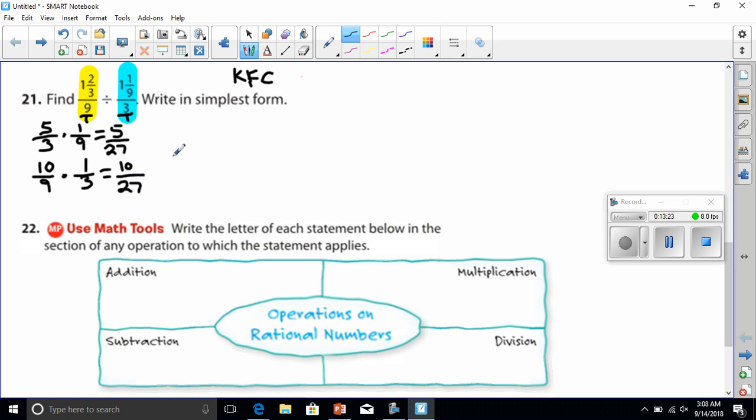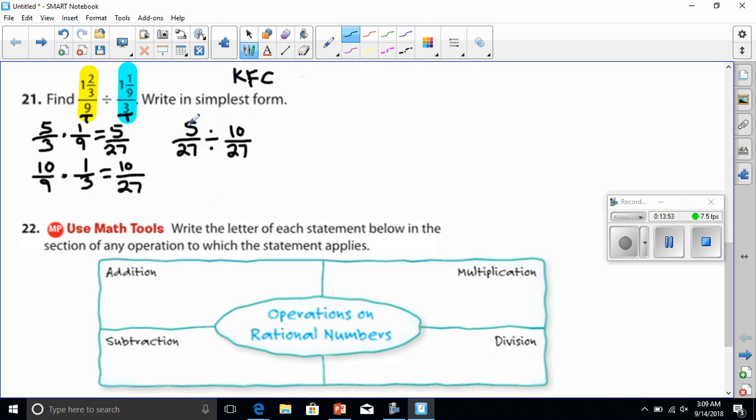All right, here we go. We have our new problem. Because our division sign is there, our new problem is 5 over 27 divided by 10 over 27. And look at that. We've got another division problem, don't we? We already know what to do. We're going to use KFC one more time.